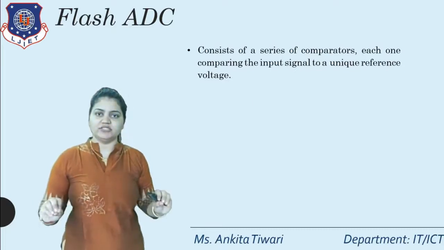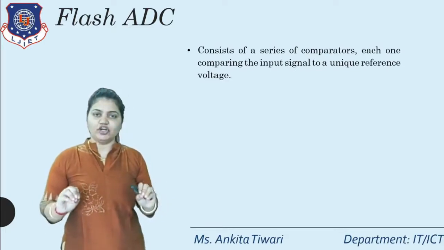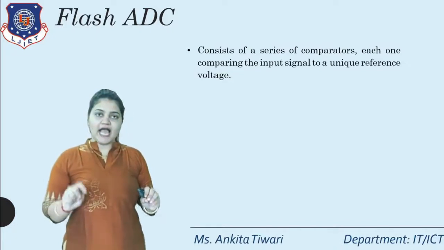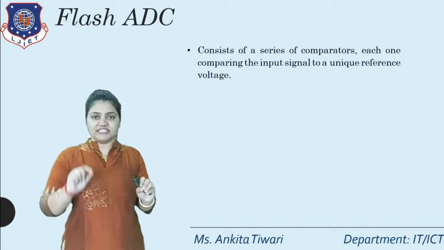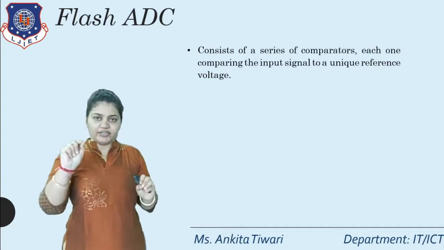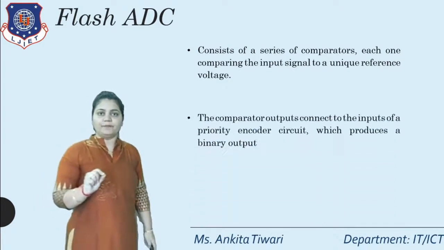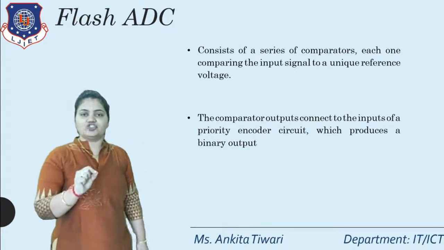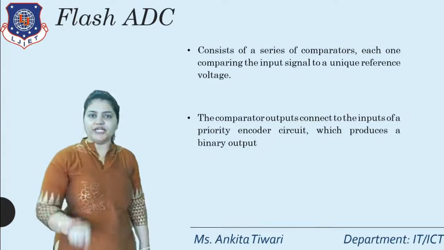So here the comparators compare the input signal which is provided with the unique reference voltage which is taken initially when designing the circuit. The comparator outputs connect to the inputs of the priority encoder circuit.